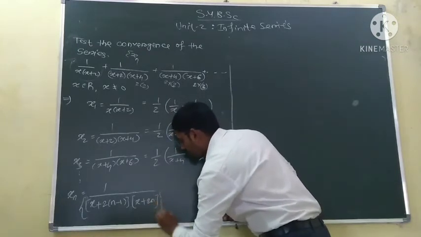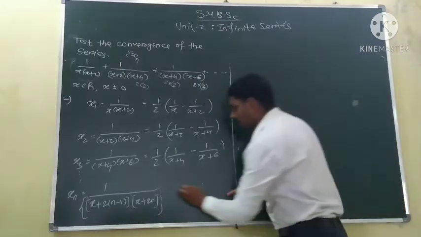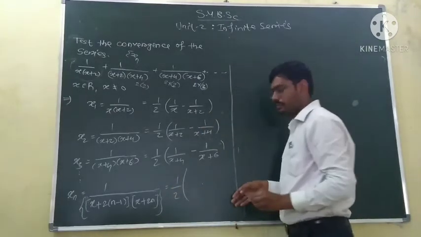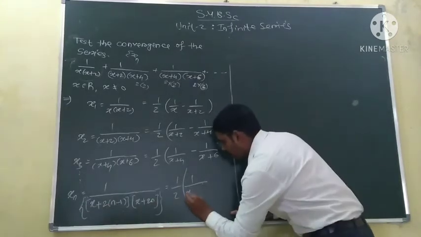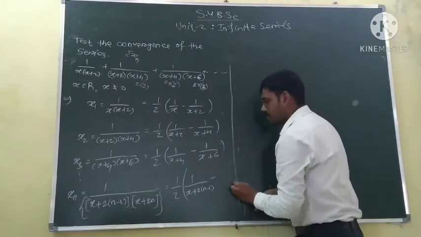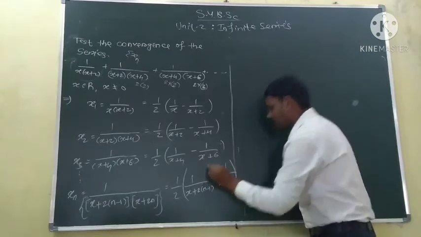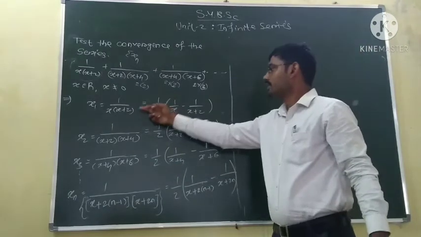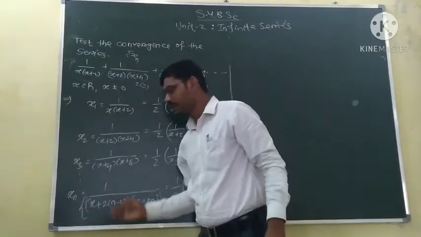This will be our nth term of the series, and this will be equal to 1 half into 1 upon x plus 2 times n minus 1, minus 1 upon x plus twice n. So this is the first term, second term, third term, and up to this is the nth term.